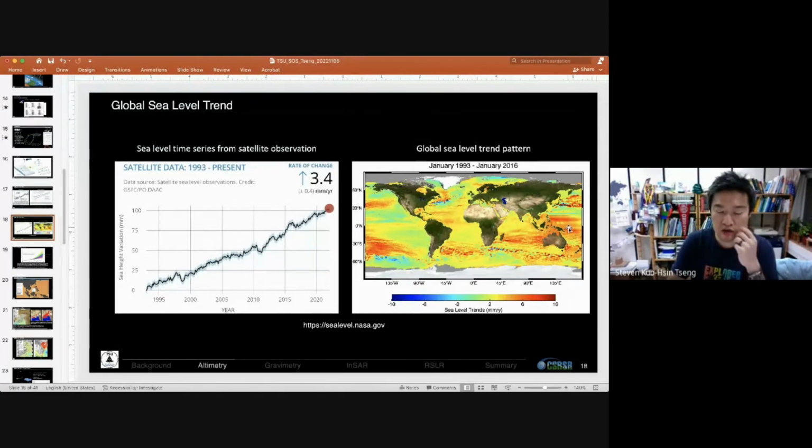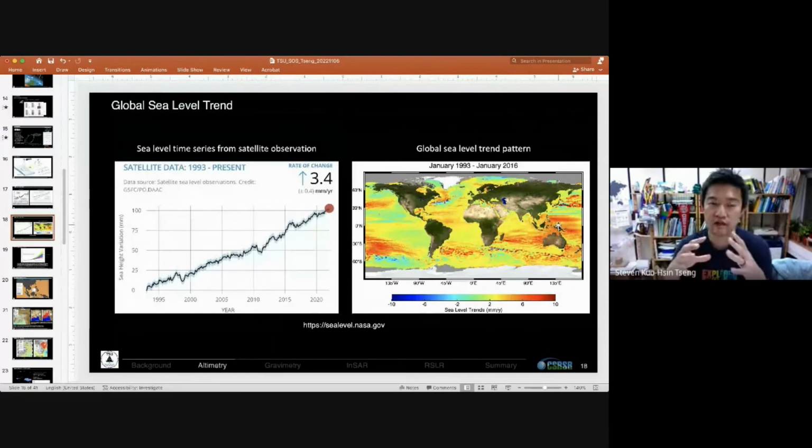And your question also covered why some places have a stronger rise. It's basically also due to thermohaline effects, associated with the temperature and the salinity of the ocean, because the temperature and salinity of the ocean are not the same everywhere. Somewhere has a higher temperature, and somewhere has higher salinity.